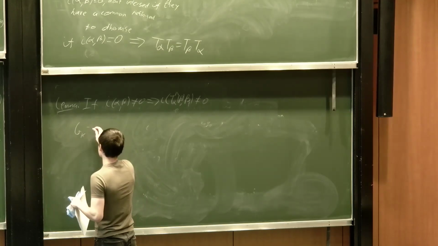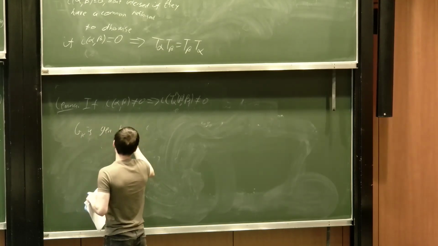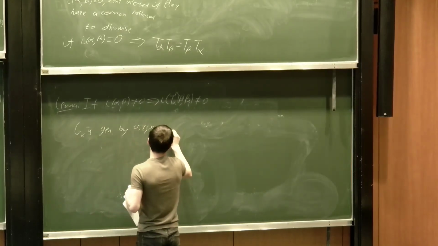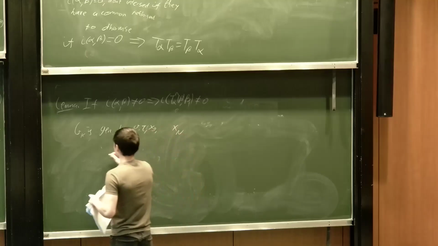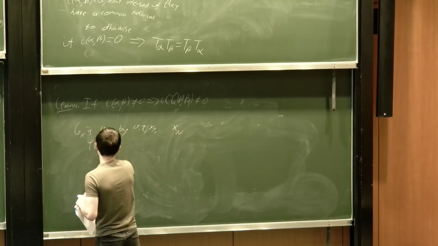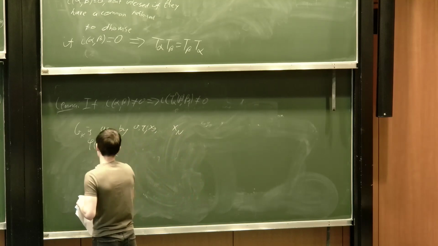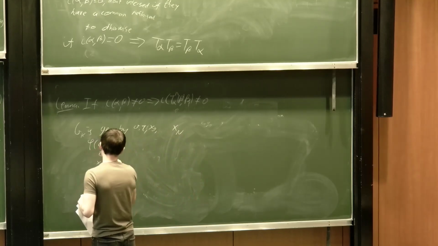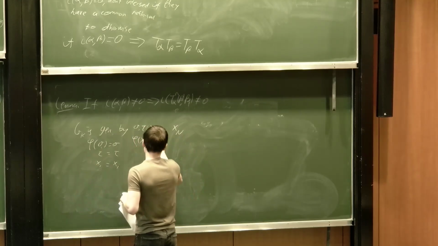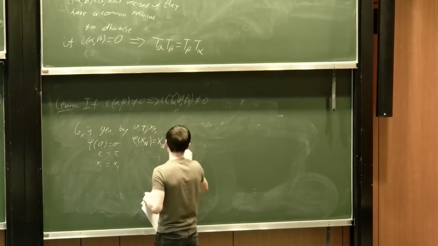But the Galois group is generated by sigma, tau, xi, xn, and what it does is it sends sigma to sigma, tau is equal to tau, xi is equal to xi, except for phi of xn, which is equal to xn times xn minus 1.